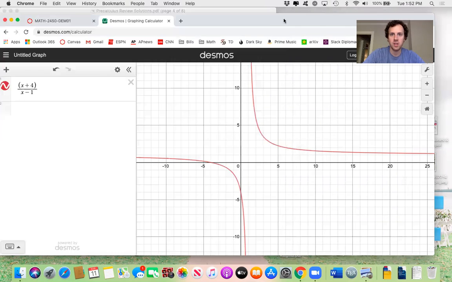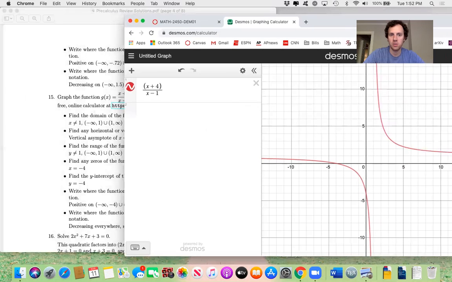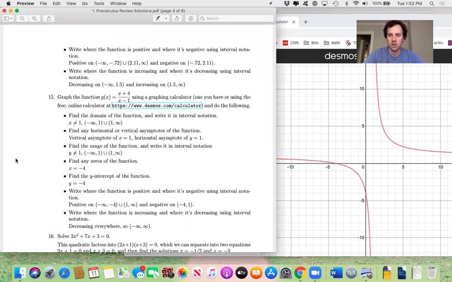So let me position things to try to get everything on here. Okay. So in here, the things we want are the domain, horizontal and vertical asymptotes, the range, any zeros, the y-intercept, where it's positive and negative, and where it's increasing and decreasing.